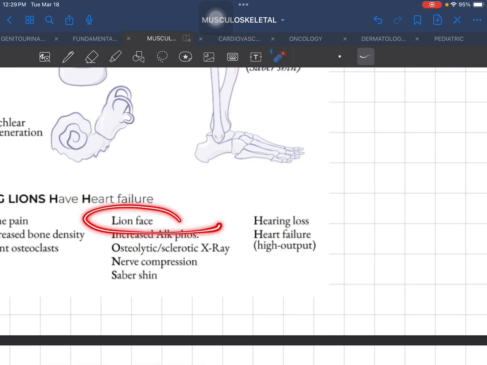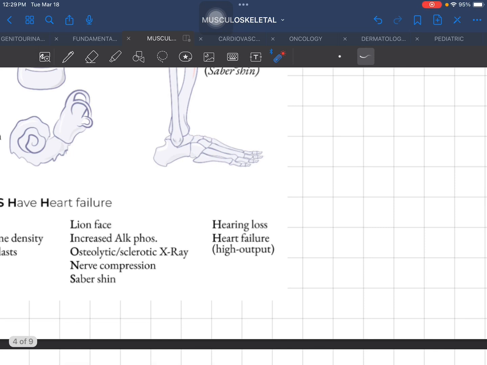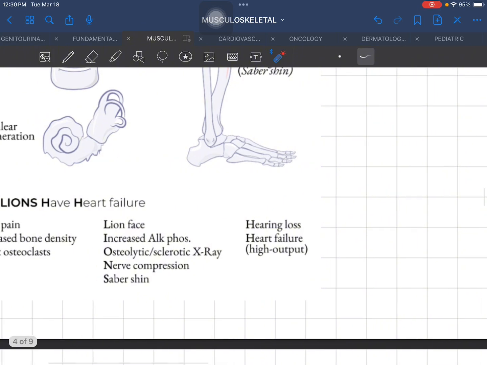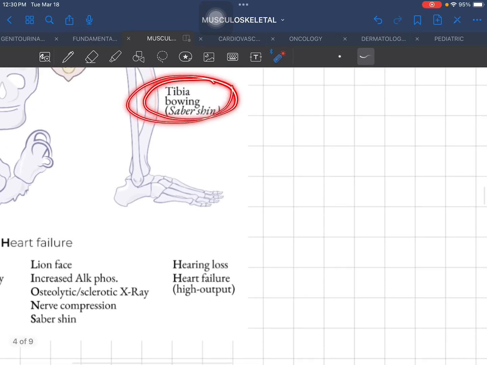L, big lions, lion face or mosaic-like appearance. Increased alk phos. This is not that important, but okay. Osteolytic or sclerotic when you see it on x-ray. There is also nerve compression, and saber-shin, which is the bowing of the legs, tibia bowing.